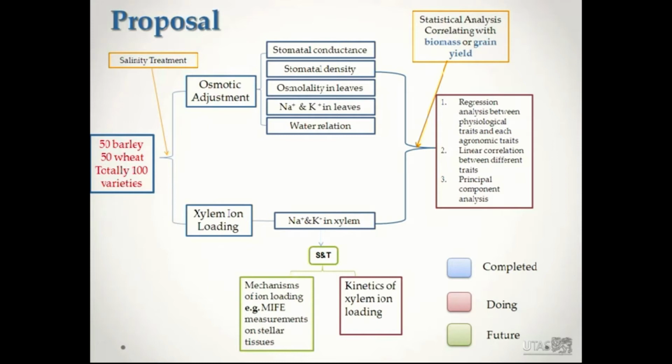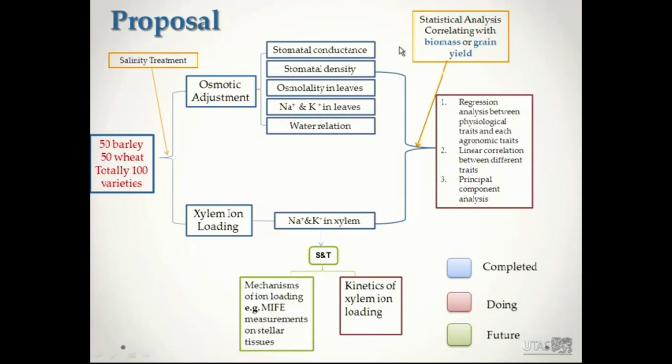This is my research proposal. 50 barley and 50 wheat, which is totally 100 genotypes, were selected and treated with sodium chloride. Through the determination of these physiological traits, we will do the statistical analysis.